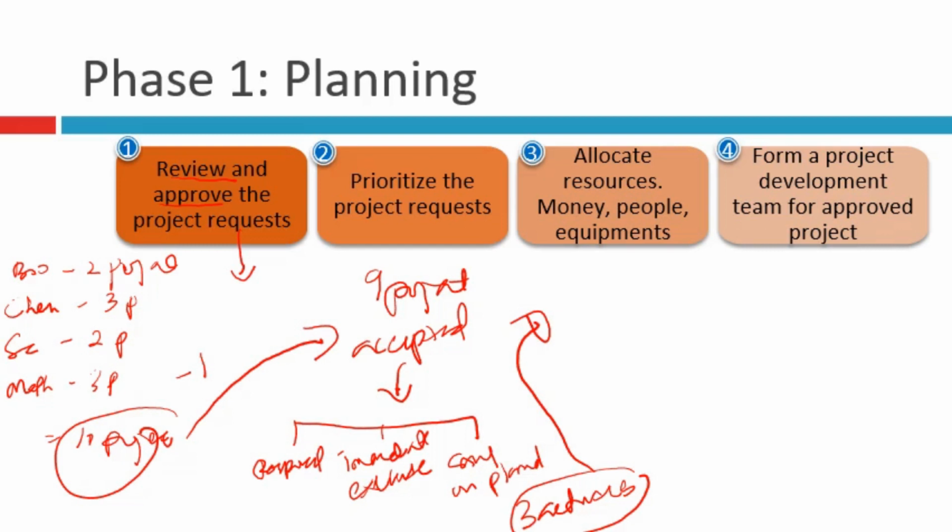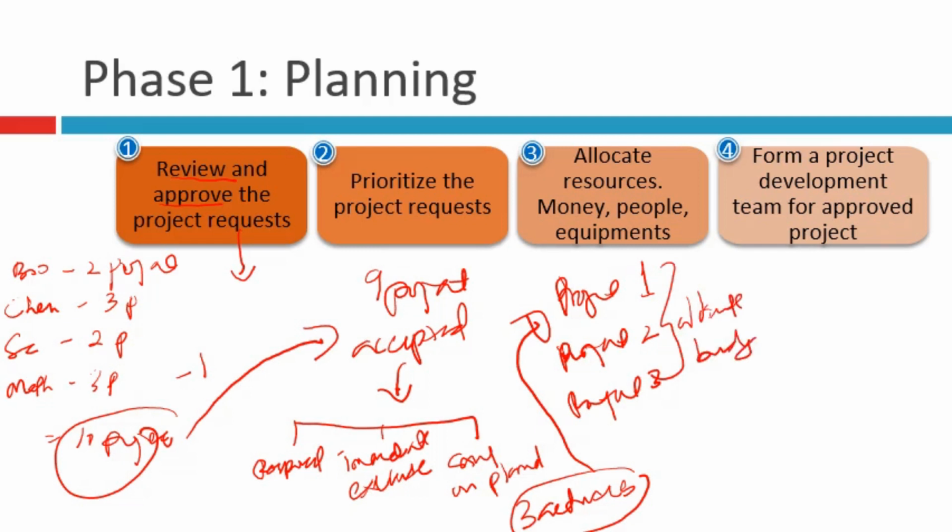So, these 3 projects, project 1, project 2, project 3, akan go through, akan diberikan resources lah, akan di-allocate resources. Right. Allocate budget, cost, people, equipment. Okay.